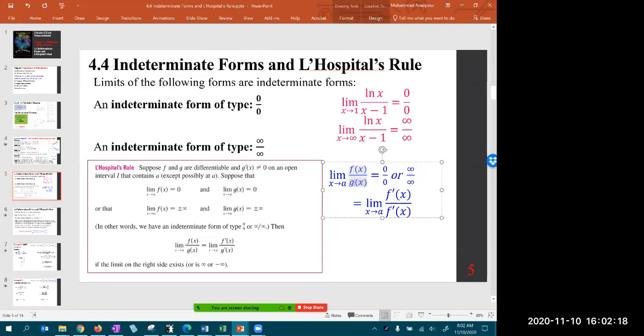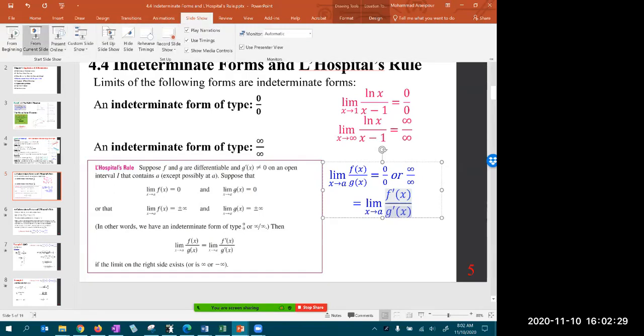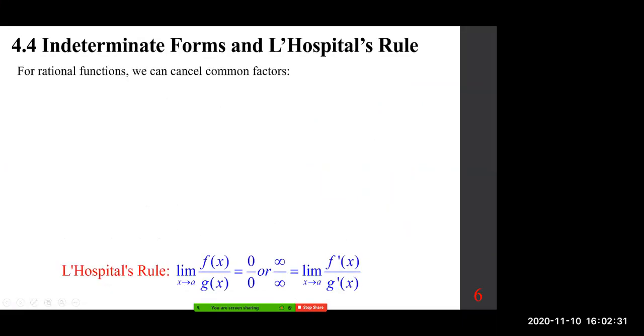This is g and so is this one. We can take the derivative of that and do the math. That's the idea behind L'Hopital's rule.